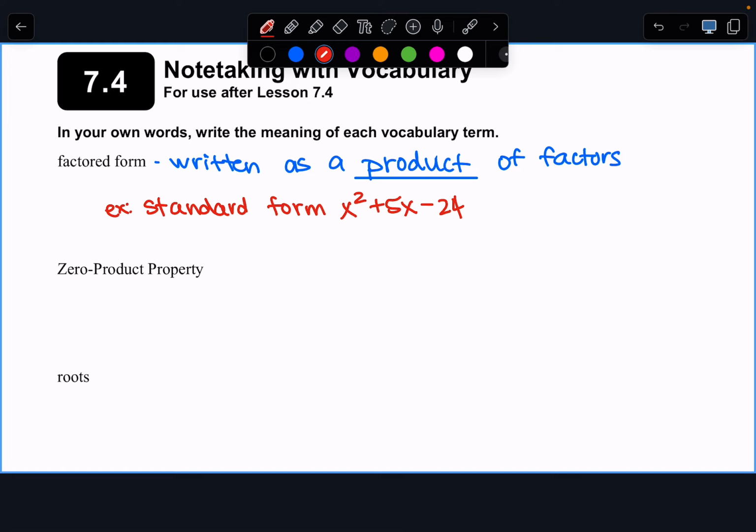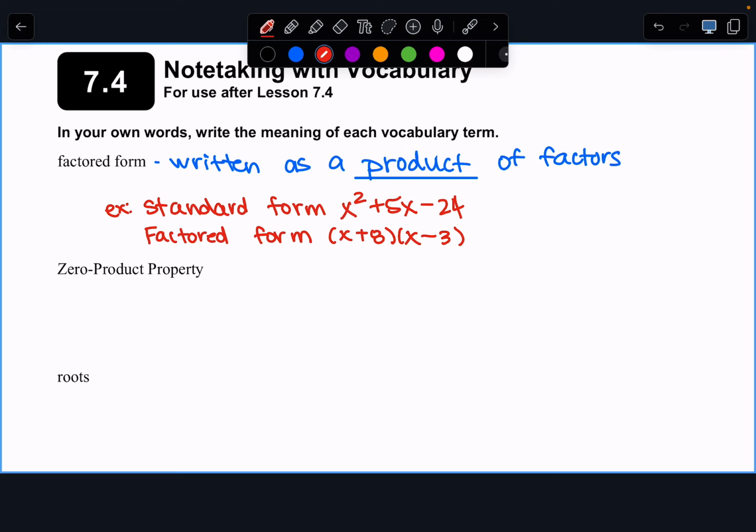Okay. Well, I'm going to now give you ones in factored form, which would look like this. A binomial times a binomial. So it kind of looks like the backwards of what we've been doing for the past couple days, right?